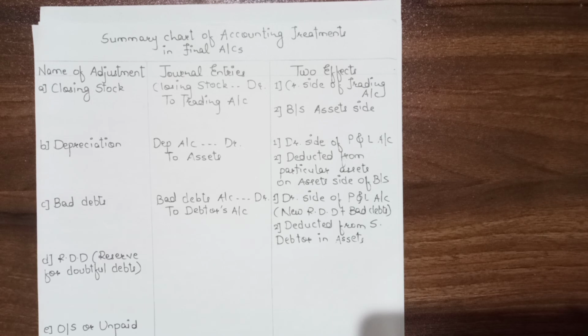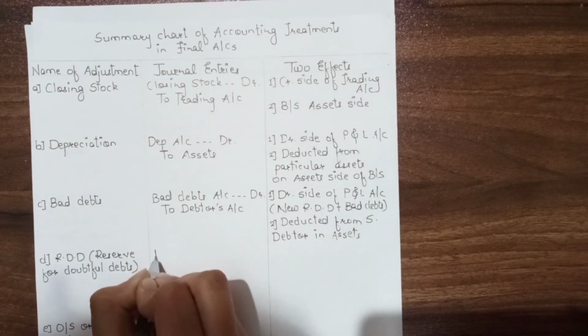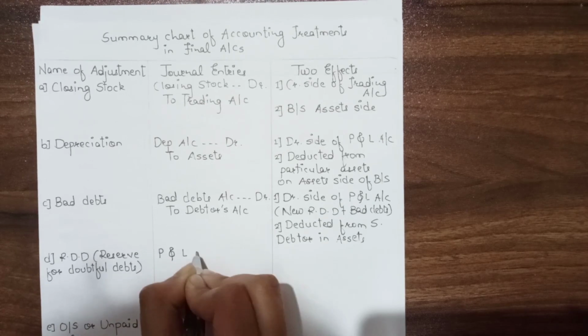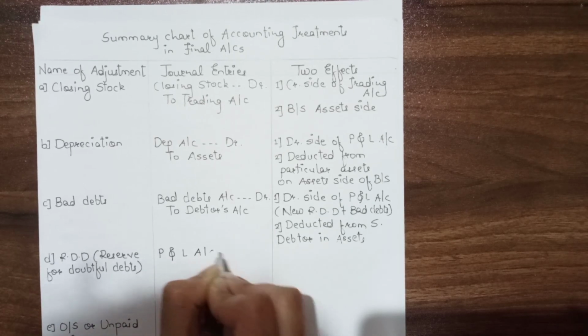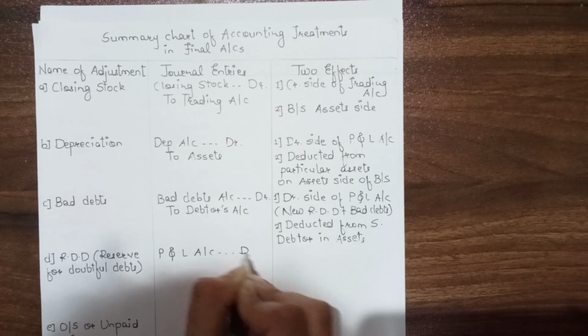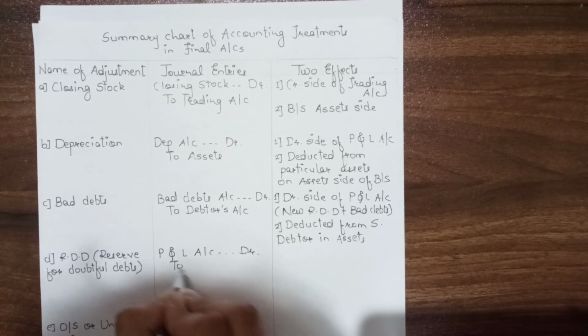RDD, that is reserve for doubtful debts. Now this is also given in your trial balance sometimes, or it may not be given, depends. So what is the journal entry for this? We will see. Profit and loss account debit side, to RDD account.